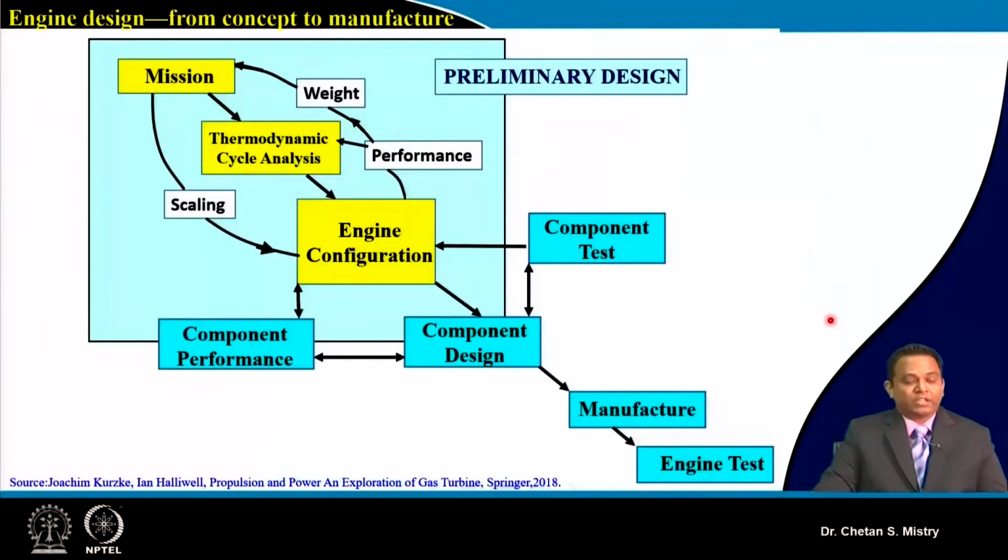So let's see, what we have discussed we are putting in this box, which is preliminary design. The very first thing we start with is the preliminary design. We have our specific mission, which we discussed in terms of thrust, specific fuel consumption, and my flight envelope.